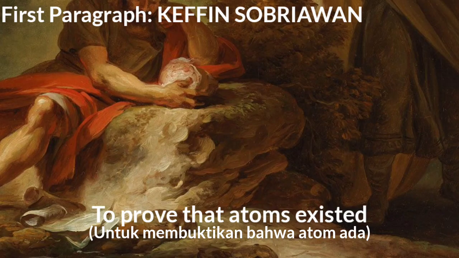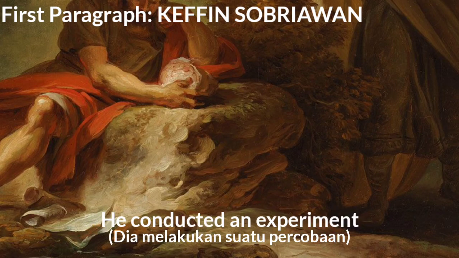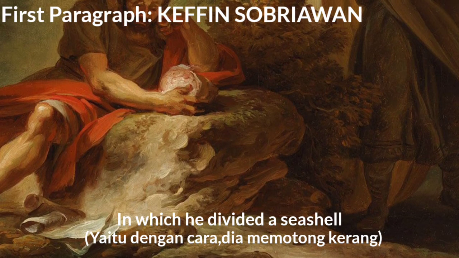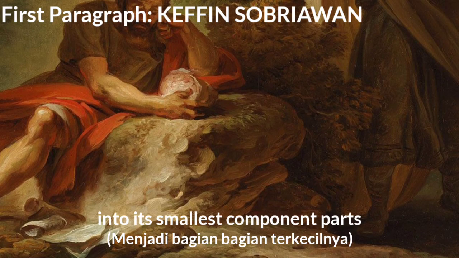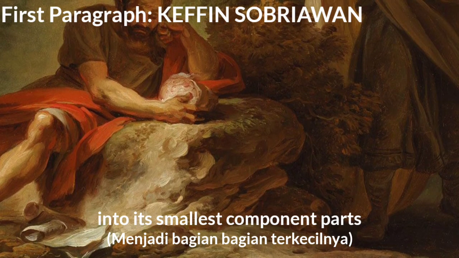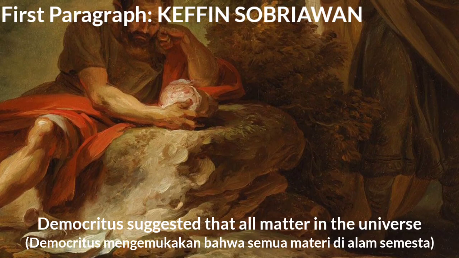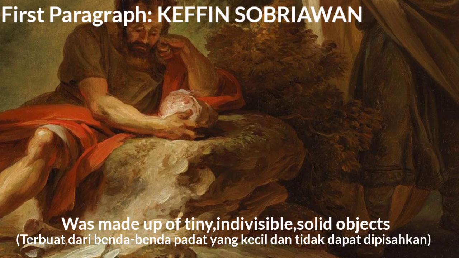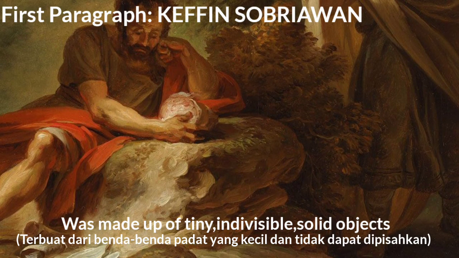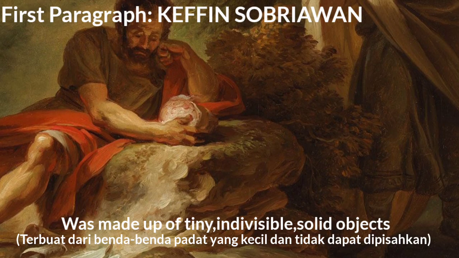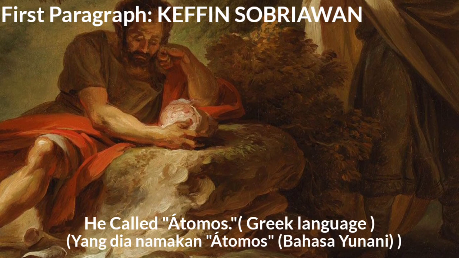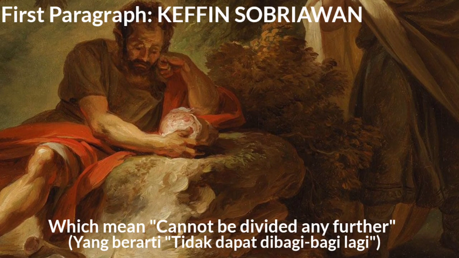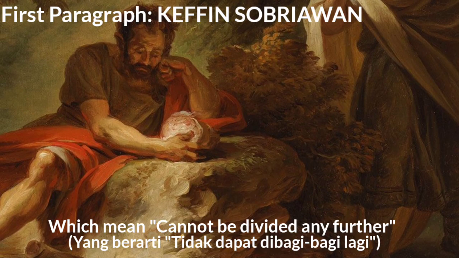He conducted an experiment in which he divided a substance into its smallest component parts. Democritus suggested that matter in the universe was made up of indivisible solid objects he called atoms, a Greek word which means cannot be divided any further.